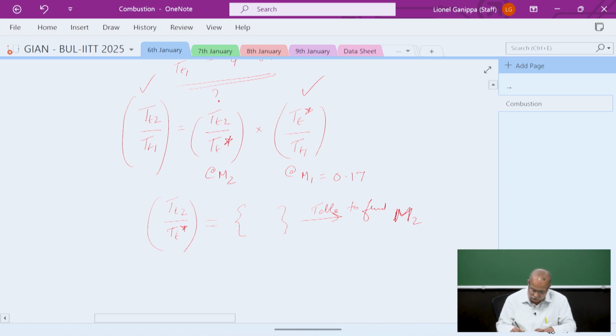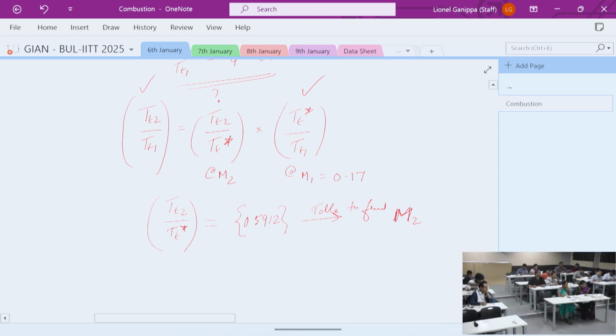What is this value? 0.5912. This you have in the inverted form. So you invert it and find this value TT2 by TT star.